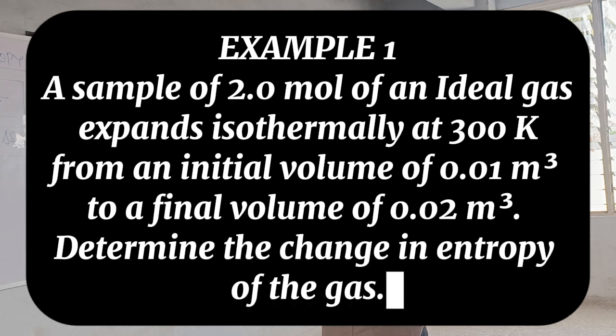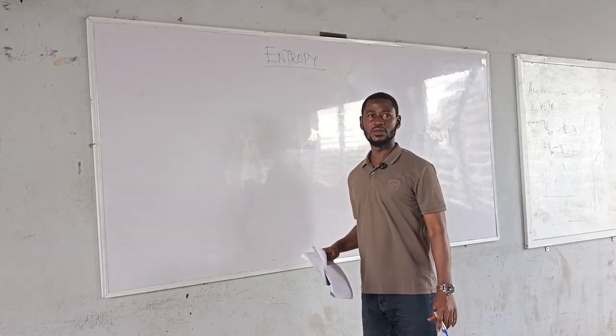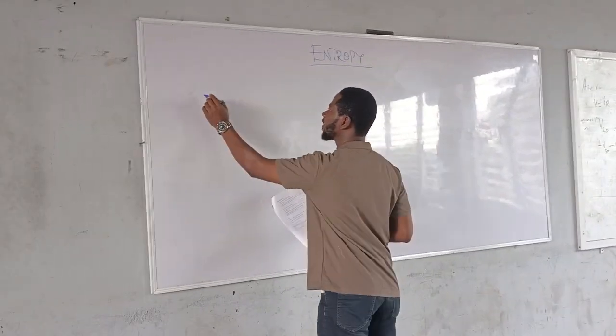Determine the change in entropy of the gas. Let's analyze the question and solve it. The first step you are going to take is to write out the given data.